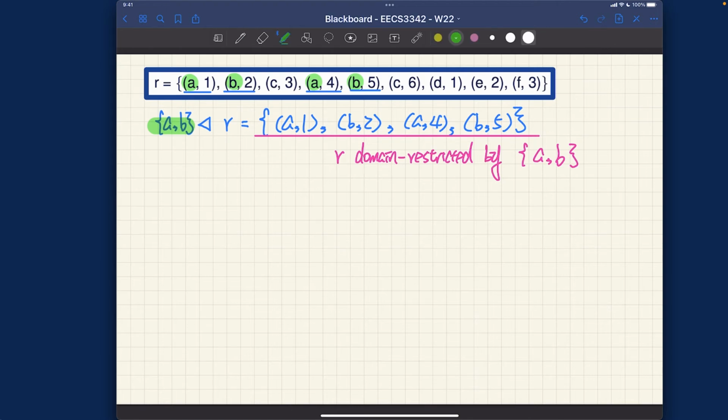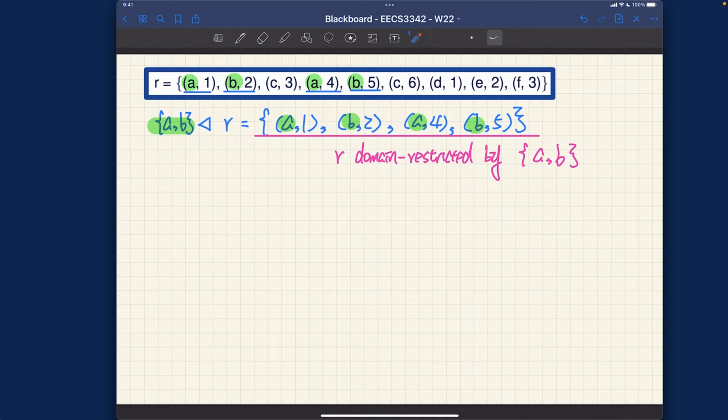And of course, you can see in this particular resulting relation, we got A, B, A, B, which correspond to whatever we want to restrict R to, right? That's about domain restriction. And all the other 3 are following very similar idea. It's only a matter of whether we are doing restriction or subtraction, and also whether we are working toward the range or the domain. That's really the difference, right?